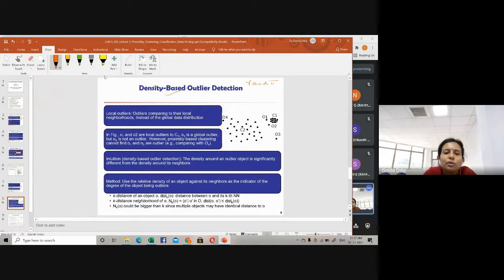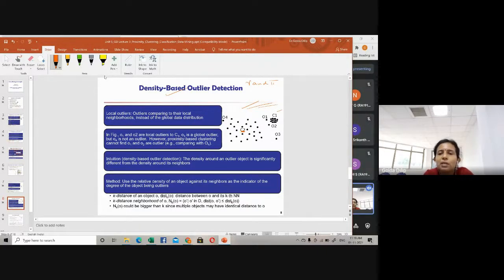You can look at the figure given here. You have a cluster C1, which is a thick, dense cluster. Then you have another cluster, C2, which is the opposite of that, a sparse cluster.